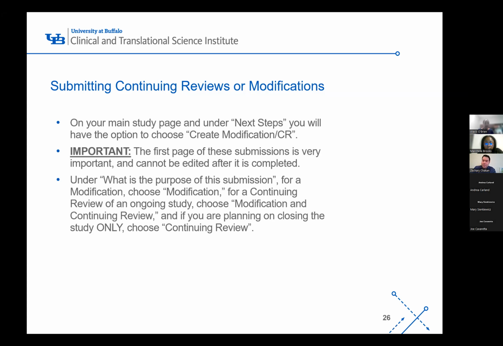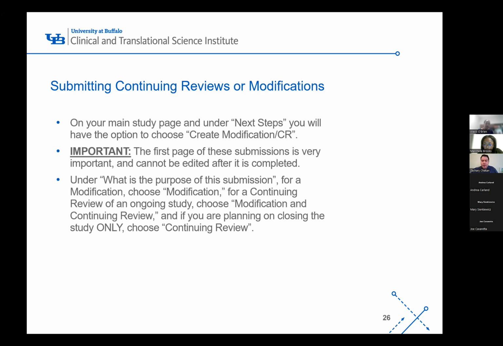If we can help prevent that for you, we would like to. As it says here, the first page of these submissions is very important because it cannot be edited after it's completed. If you have to make a change there, you have to discard the submission and start over, which is why it's really important to do this first.